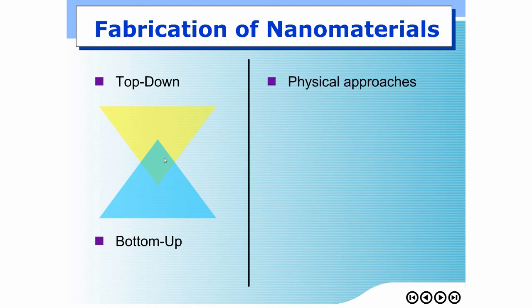These two can also be divided into two categories: physical approaches and chemical approaches. Okay, for fabrication, physical approaches are like milling. You just mill until it's smaller and smaller. That's also possible, and some people do the milling to create nanoparticles.